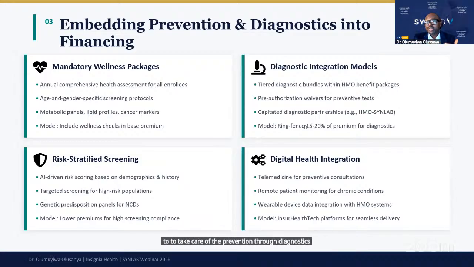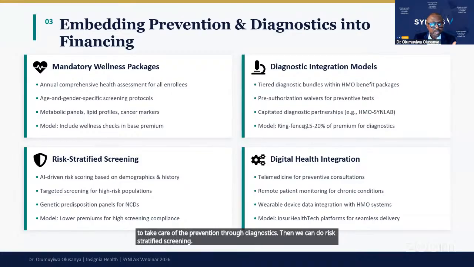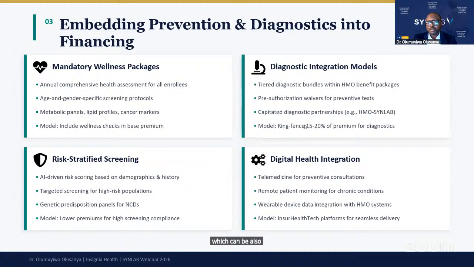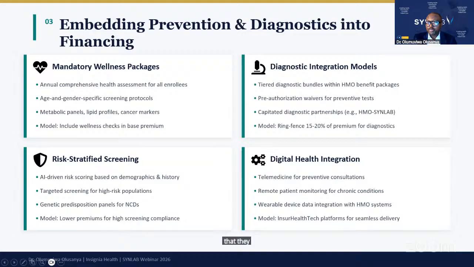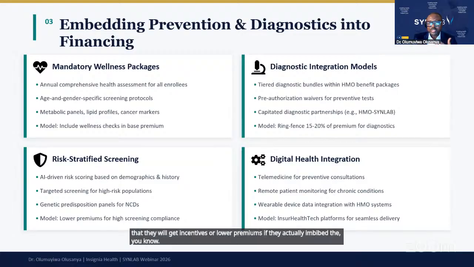Then we can do risk-stratified screening, which can also be used to target high-risk populations, people that are genetically predisposed. Or we can offer lower premiums for high screening compliance, where we encourage people with incentives or lower premiums if they take up the annual medical screenings prescribed for them to address the risk.